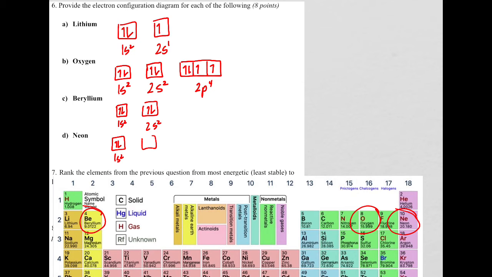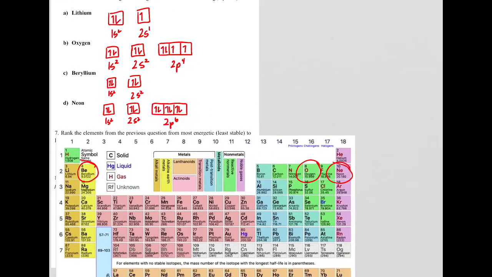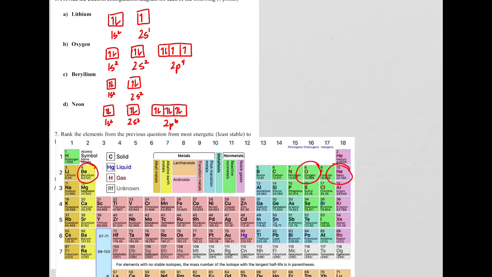We'll put them first in the 1s and then in the 2s. We have 4. Then we will move on to our 2p. We have 1, 2, 3, 4, 5, 6 electrons in the 2p. Counting them all together, we'll see we have 10 electrons here, and we are good to go. Done with that. Finished. Over.